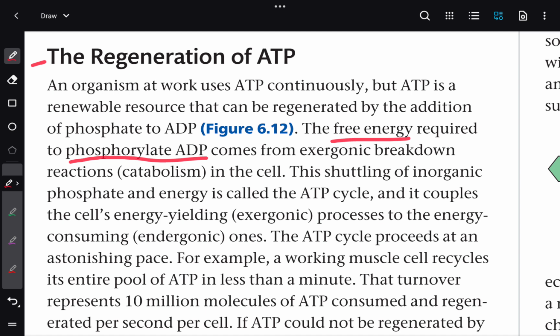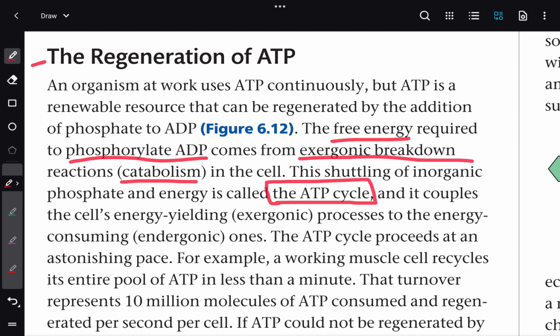It comes from the exergonic breakdown reactions, which is catabolism in the cell. This shuttling of inorganic phosphate and energy is called the ATP cycle. They use the word shuttle, as in they carry the inorganic phosphate and energy through, like, a train track or something, in order to couple them and regenerate ATP.